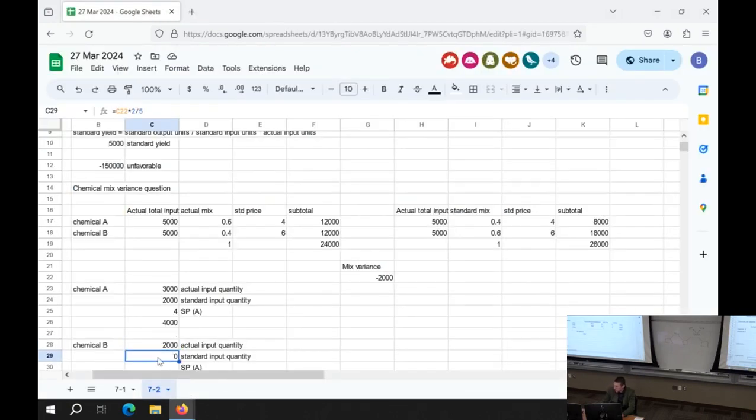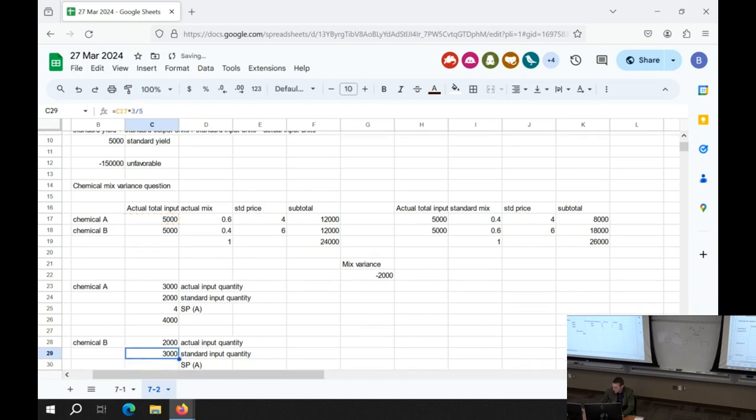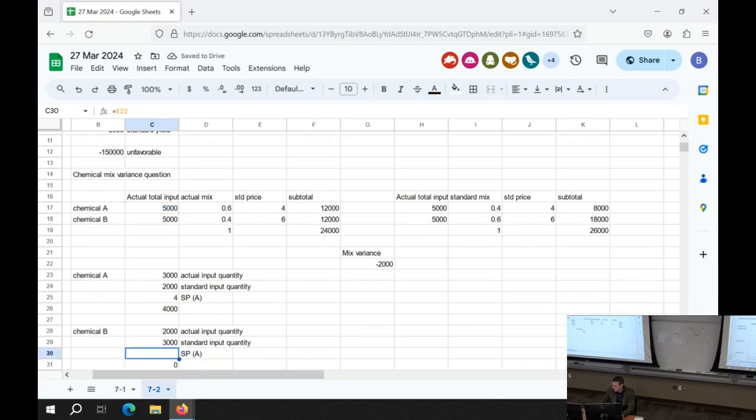That's the actual, and we were expected to, of those 5,000, have 3 of the 5, 60% of them, or 3,000, be chemical B. So our standard input quantity would be 3,000.